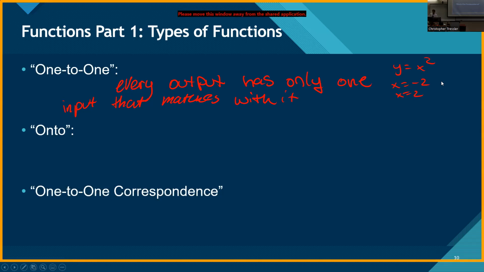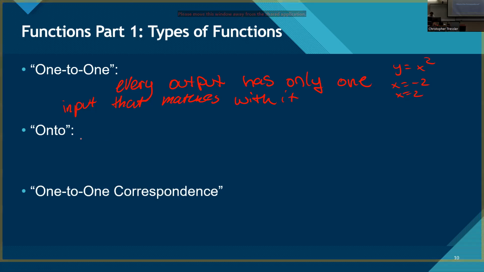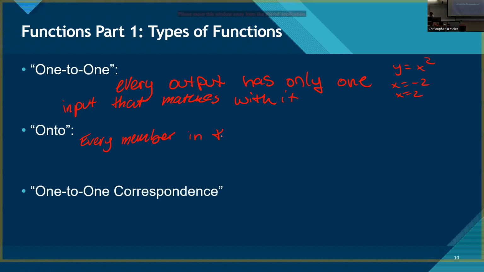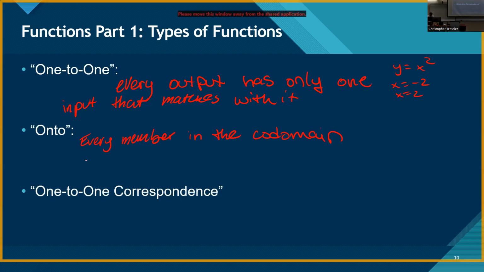But then on to what we could say here in fancy terms, which would be onto: every member in the codomain is in the range, or included in the range.